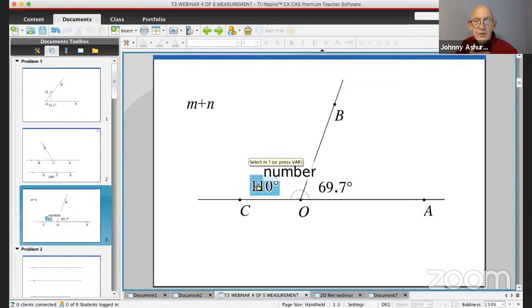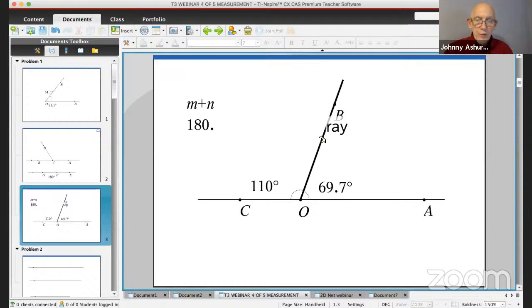Well, I'm going to click on this number. Then on screen, I'm asked to select a number for N, and I'll choose this value. And I'm going to place that result right here.